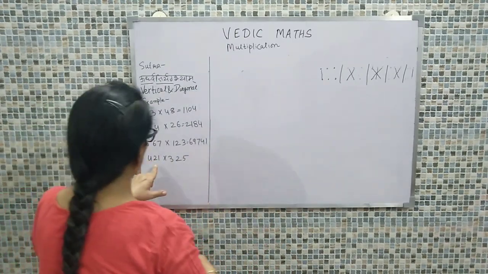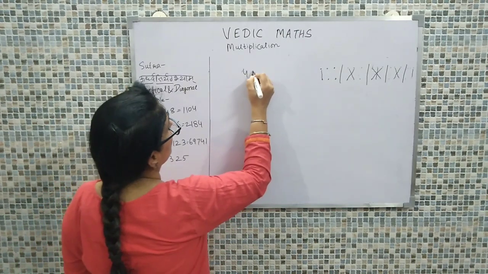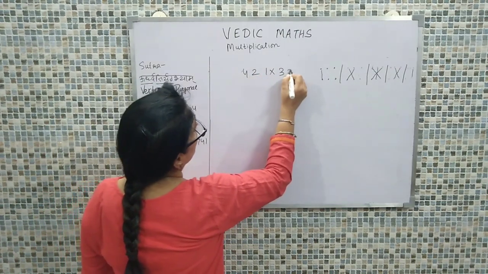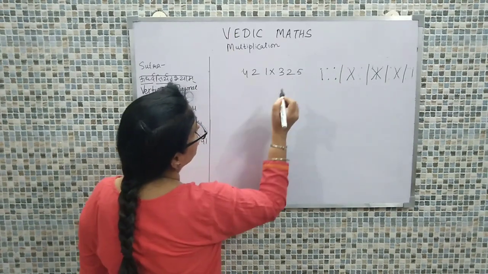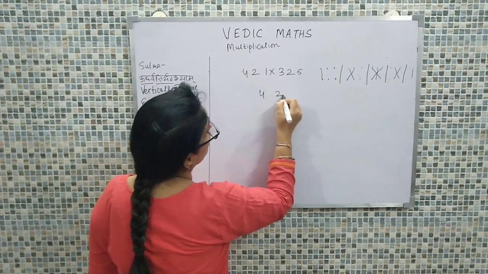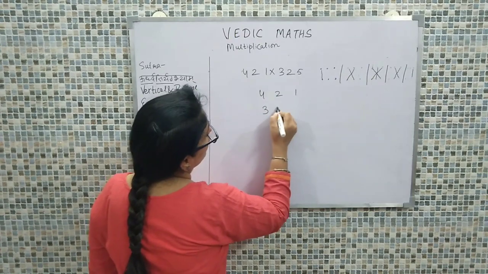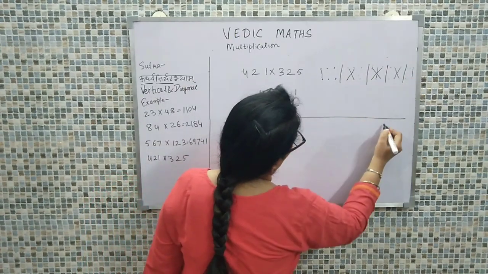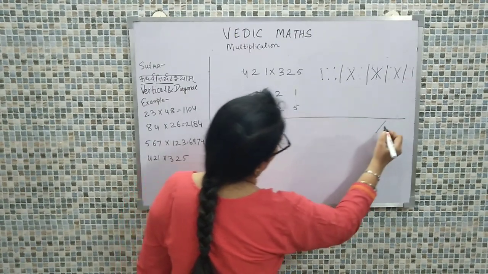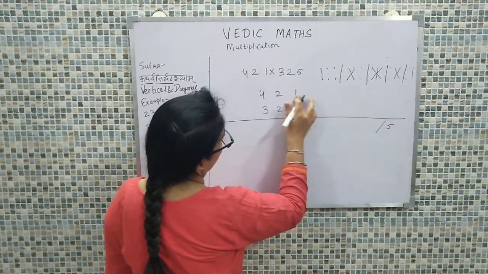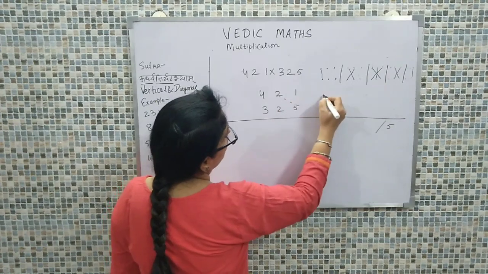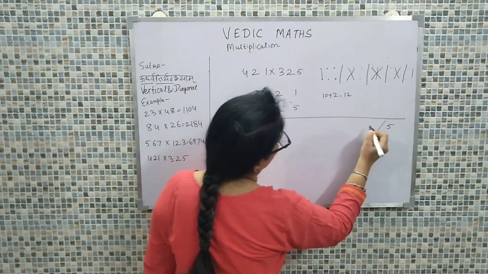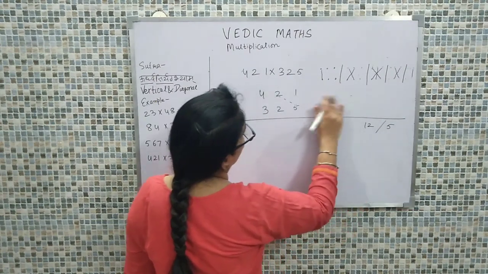Taking the last example of 3-digit multiplication, that is 421 into 325. We write it in the pattern of the dot. We have 421 and 325. Starting from the very right, we have vertical, so 5 into 1 is 5. Next, 5 2s are 10, 2 1s are 2, so that will be 12.